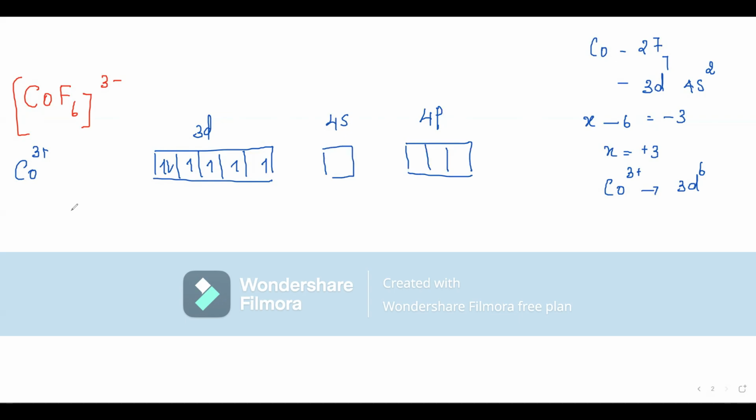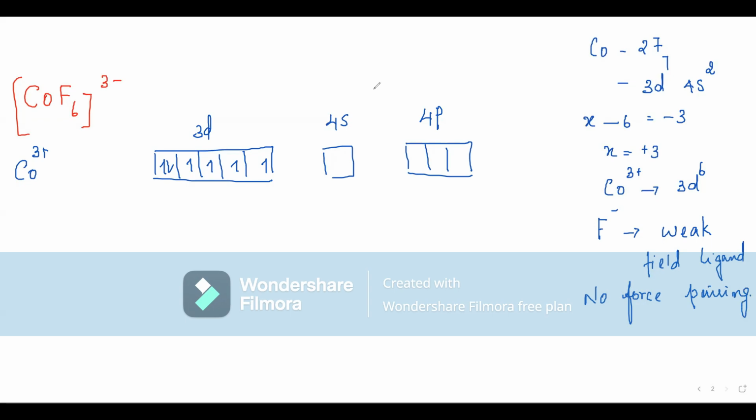Then coming to the point here, F minus or the fluoride is a weak field ligand. It is a weak ligand or a weak field ligand. So no forced pairing takes place.